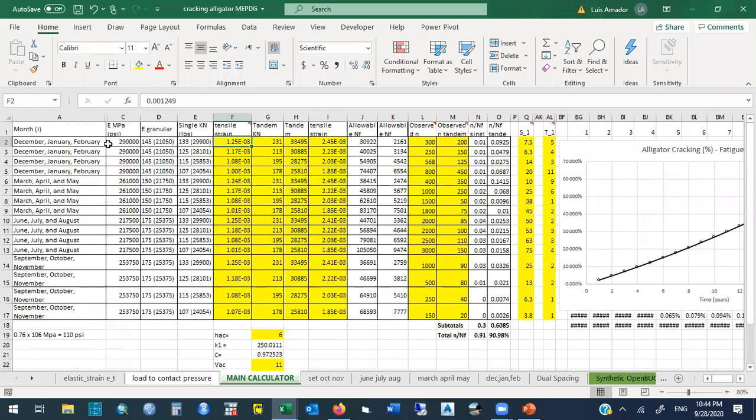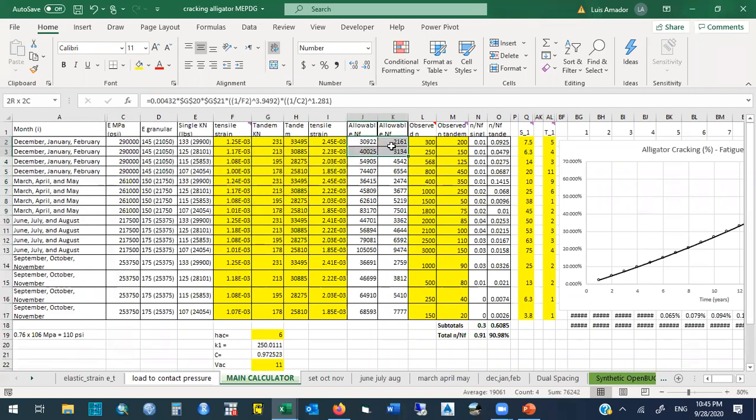I cannot do this during this class, but you will have the different seasons of the year, and the modulus of elasticity is going to change. And then you will have the amount of load that will change as well, and that produces different tensile stresses. And then you have that distributed in different axle types: tandem, single, tridem.